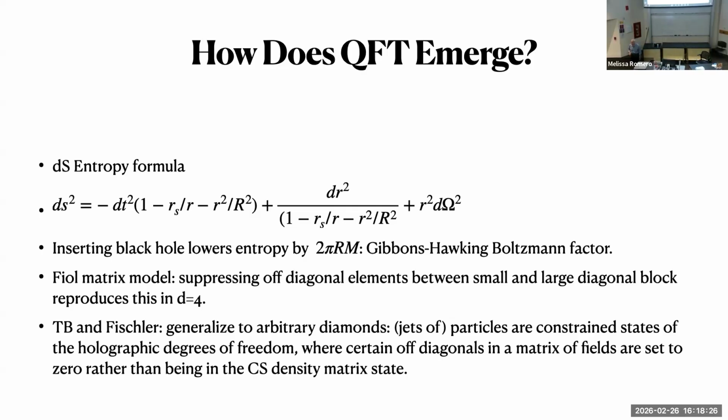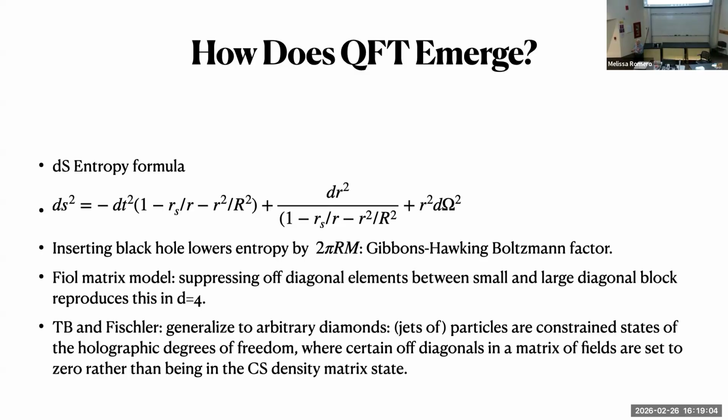We can all do that. There are two positive zeros. One of them, when I take the Schwarzschild radius parameter to 0, that's the thing that is the Schwarzschild radius of the black hole in flat space, this RS. That one goes to 0. The other one goes to capital R. That's the radius of de Sitter space. Those are the two positive zeros. Well, one went to 0 in the limit I was talking about.